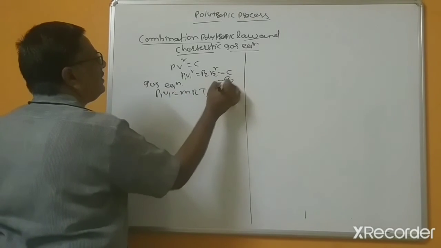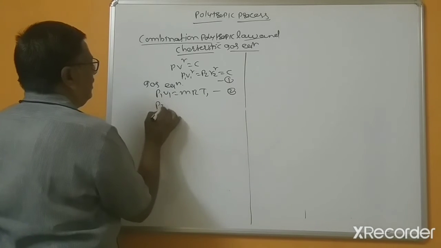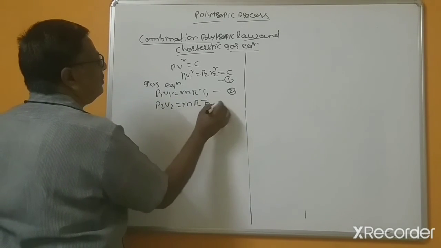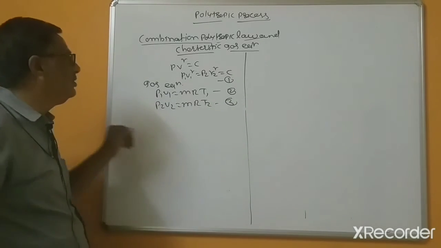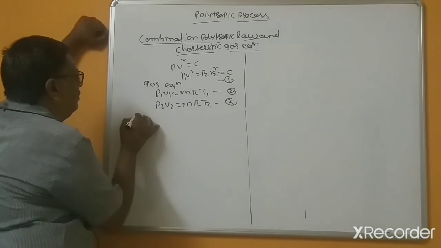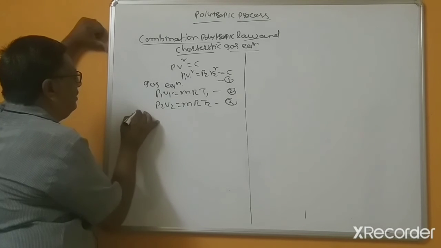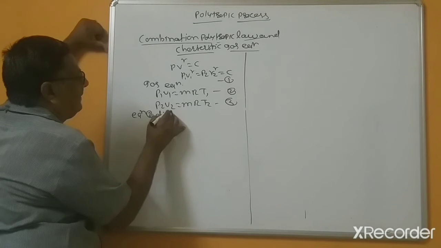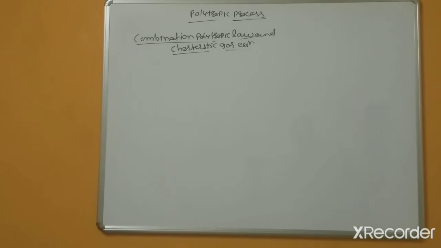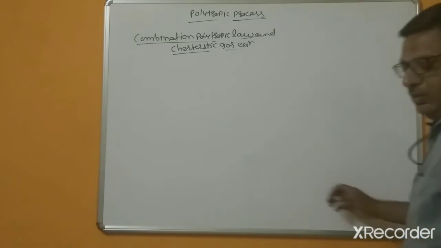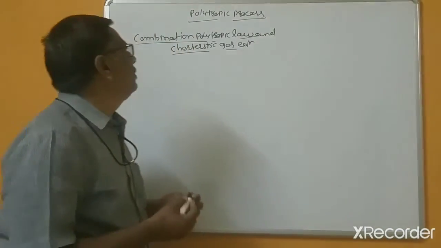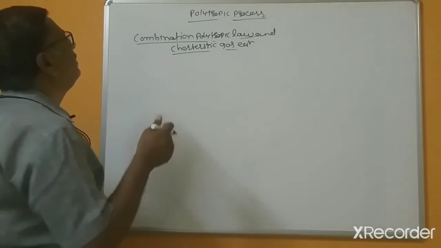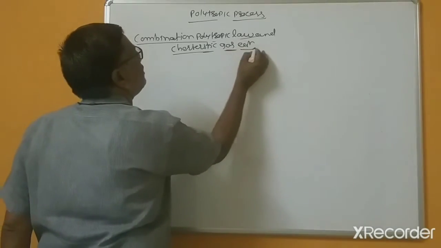Suppose this is first equation and this is second equation, and this is again gas equation, P2 V2 equal to m R T2. This is equation third. Now we will see the combination of the polytropic law and characteristic gas equations.